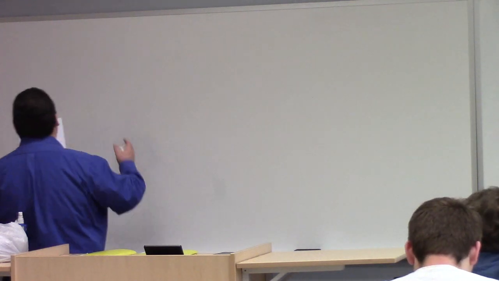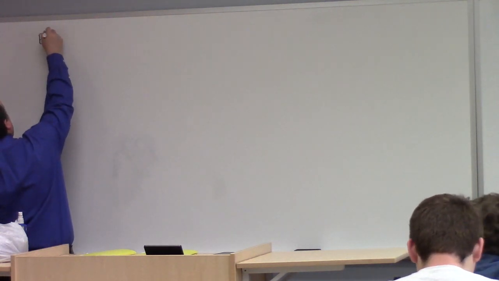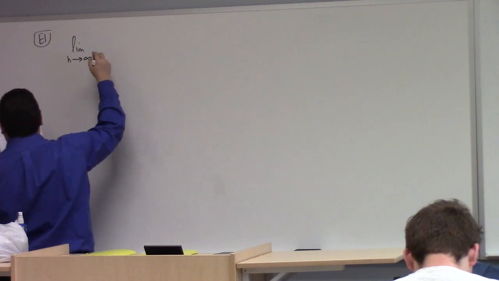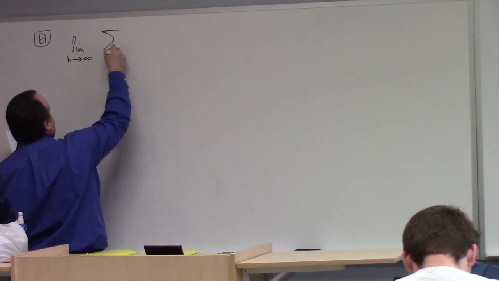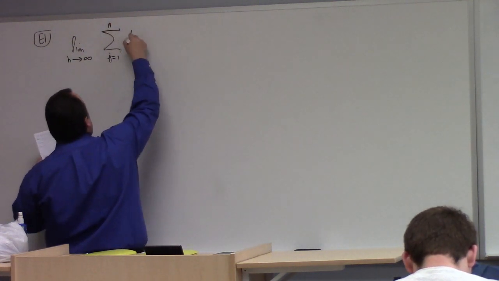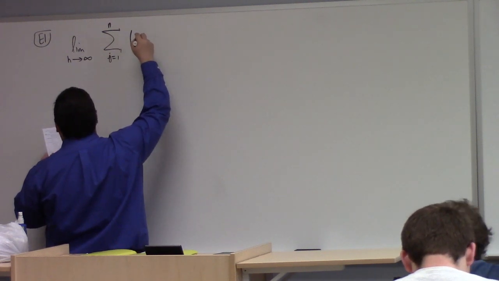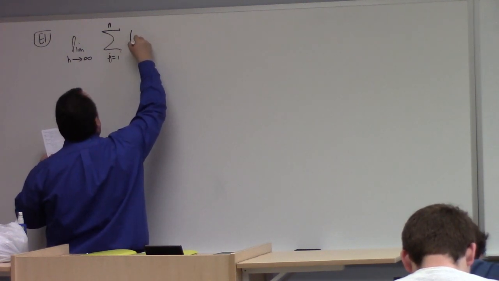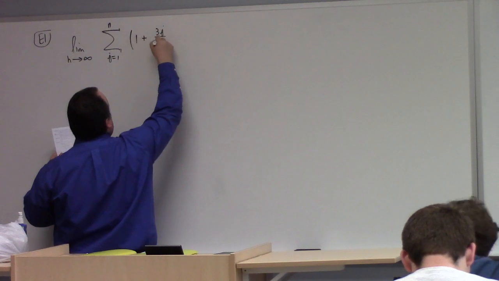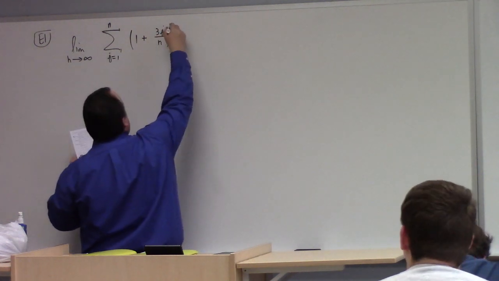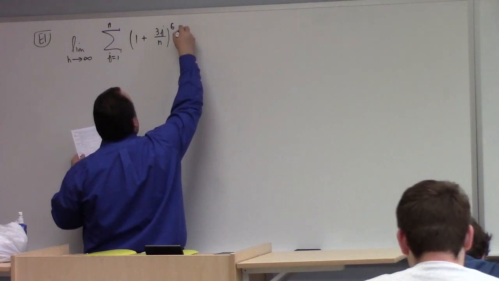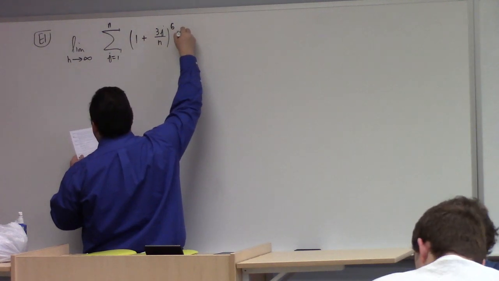All right, so example 1. Suppose you're up against the limit as n goes to infinity of, let us say, the sum j equals 1 to n of, I don't know, 1 plus 3j over n to the 6th power times, I don't know, 1 over n.